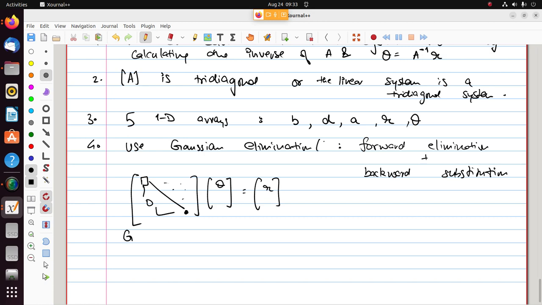So this Gaussian elimination for a tridiagonal system is simplified, as we just discussed, and this is actually called the tridiagonal matrix algorithm, TDMA.